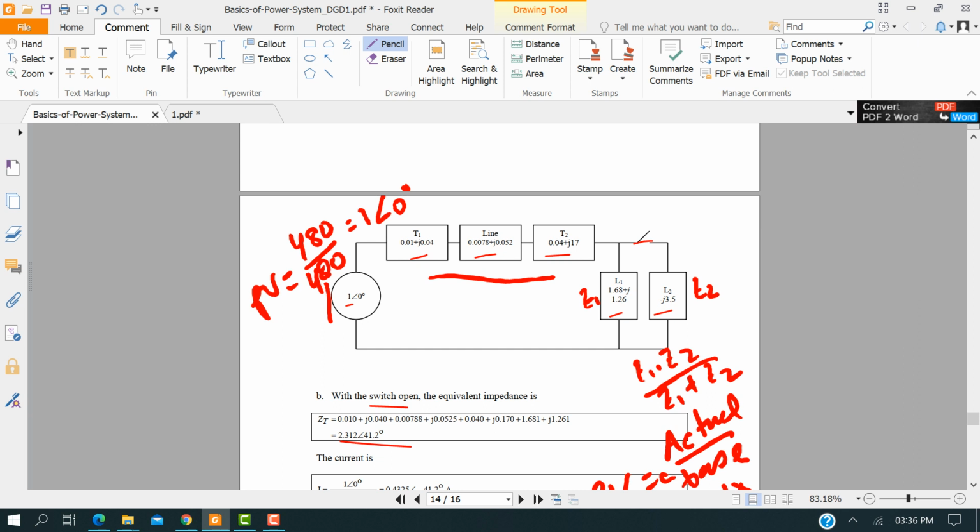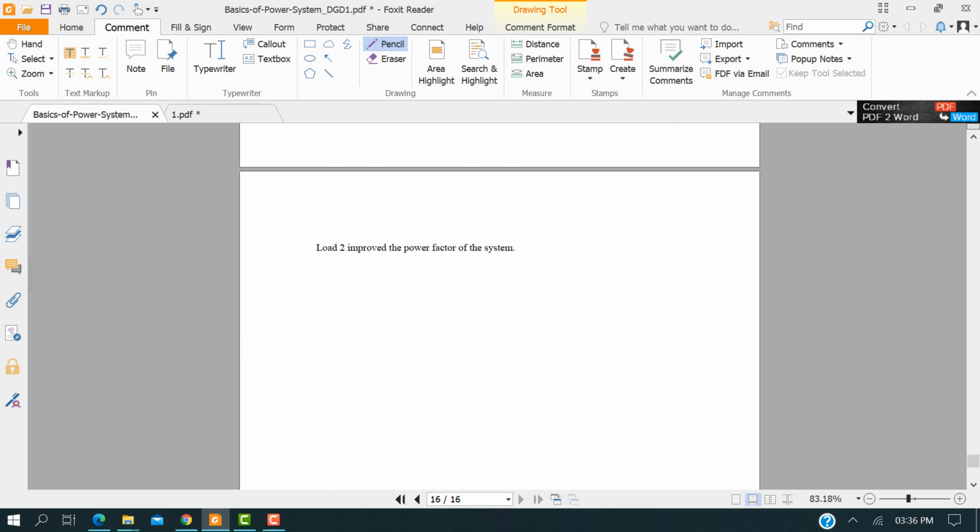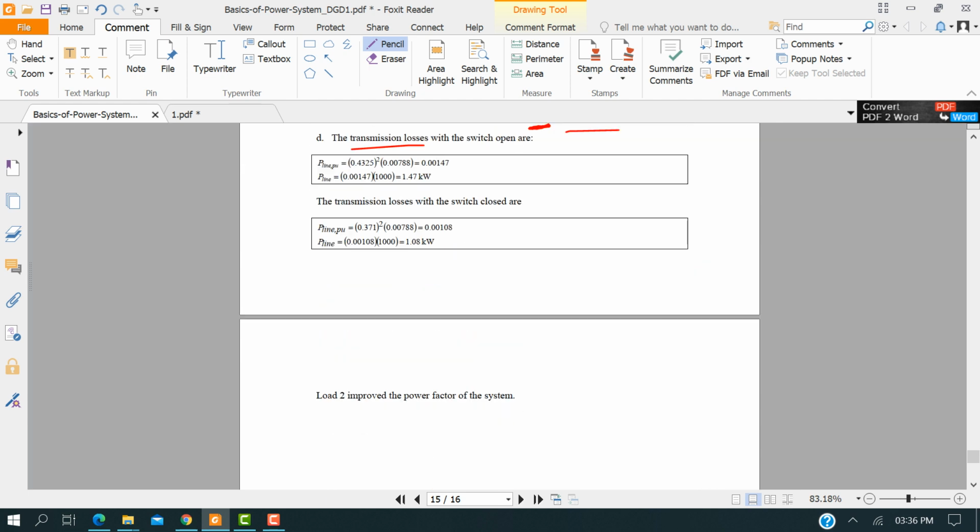This is the transmission line, this is the R, and this is the X. So R value is 0.0078, I value is 0.4325, this is 0.4325 square times R, and we'll get this, and this is the actual value, just multiply by 1000.